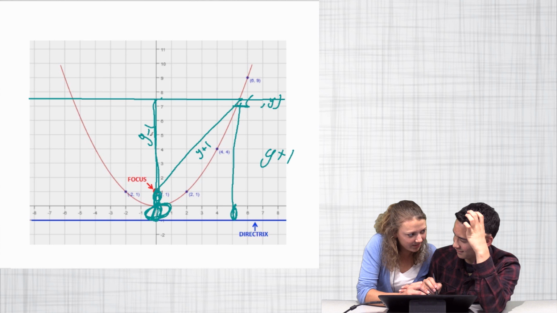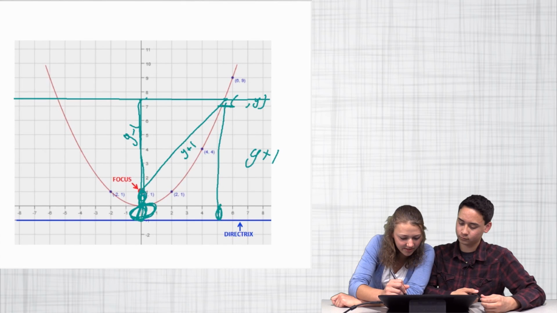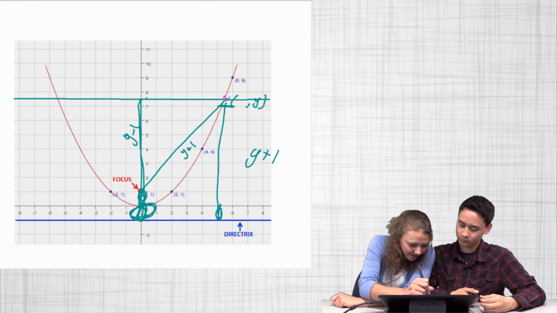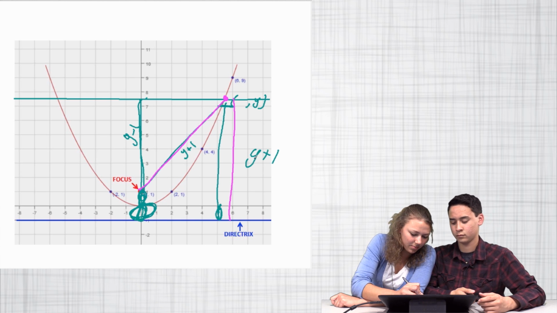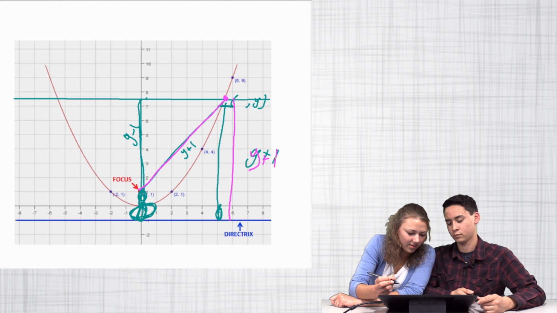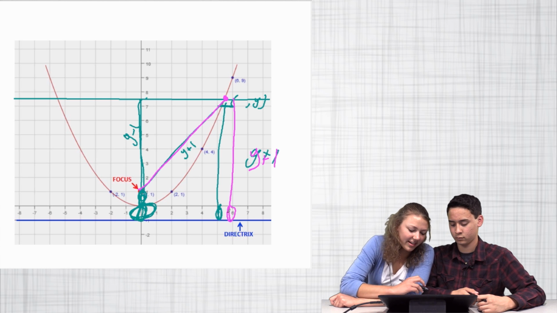Keone is confused about the meaning of y minus 1, which can be harder to see than the distance y plus 1. Sasha re-explains the meaning of both. Our point right here, y, our distance from the directrix and to the focus is going to be y plus 1. And why is that? Because it is one under the x-axis.